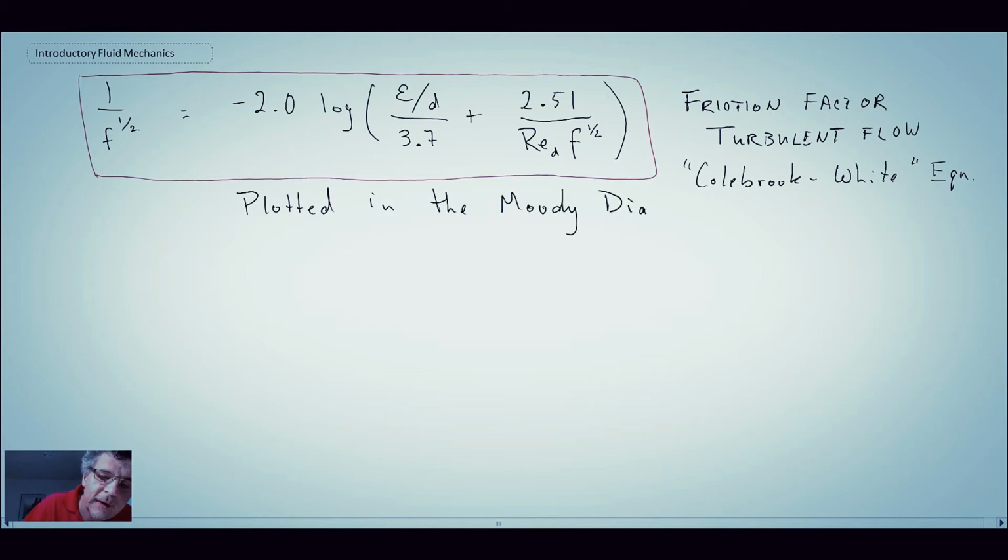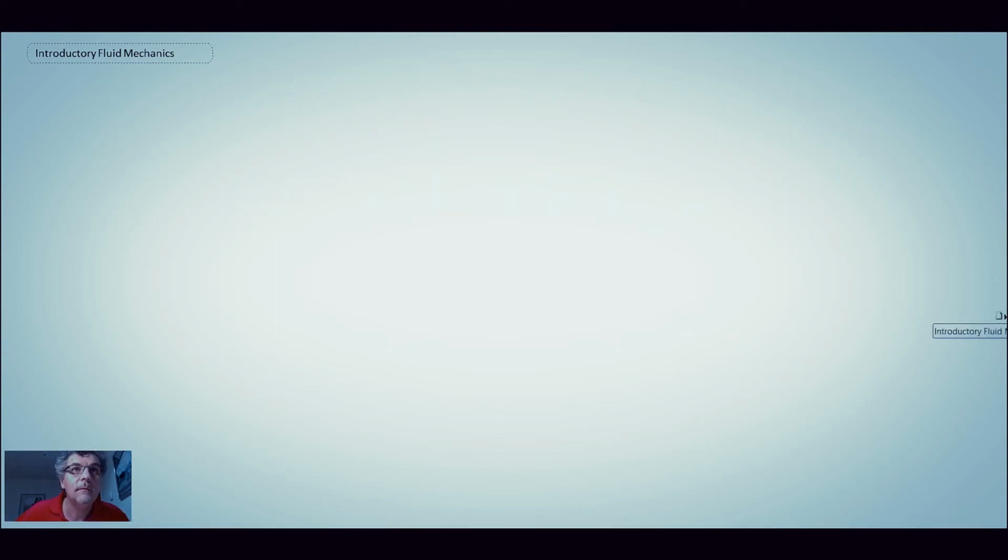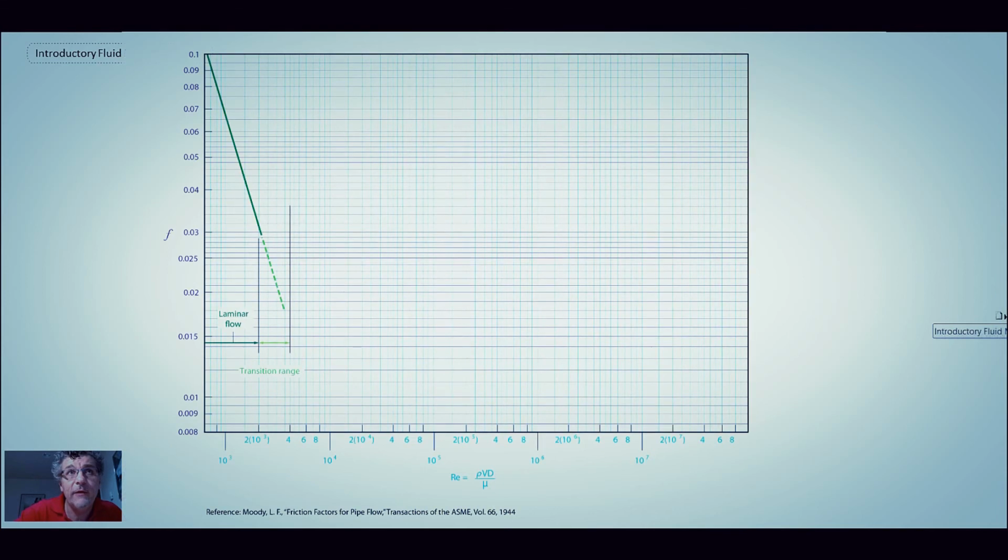So what we're going to do, we're going to go back and take a look at the Moody diagram, and we're going to look at what happens when you have the Moody diagram and you add pipe data for increasing roughness of pipes. So let's take a look at that now. So what we have here is the Moody diagram with the laminar flow curve on it, and then we have the smooth pipe curve.